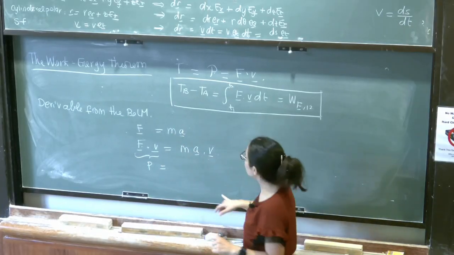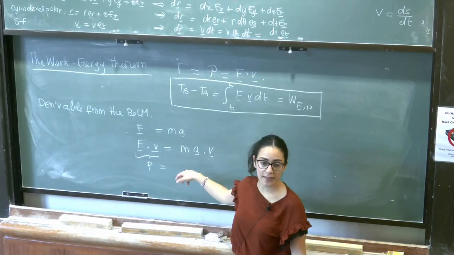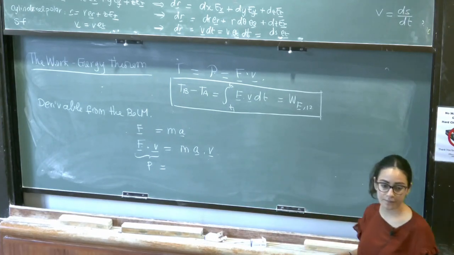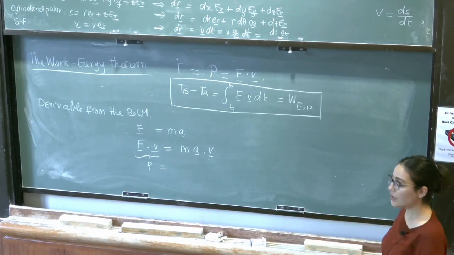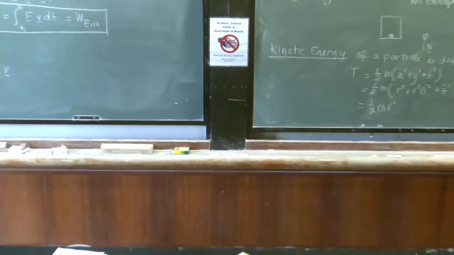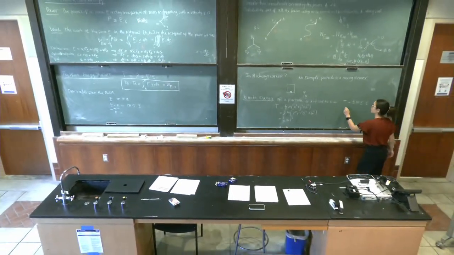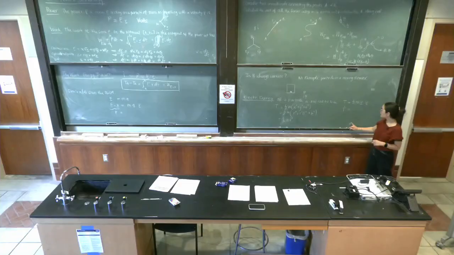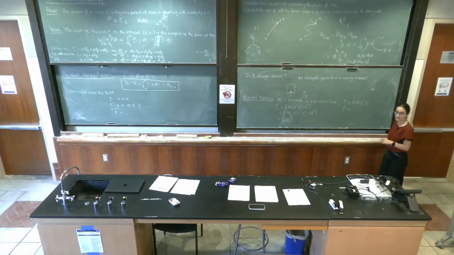So then, can I show that this is T dot, the rate of change of the kinetic energy? So if I have that T is equal to half m v dot v, how do I calculate T dot? That would be equal to what? The derivative, which is what? Half m.